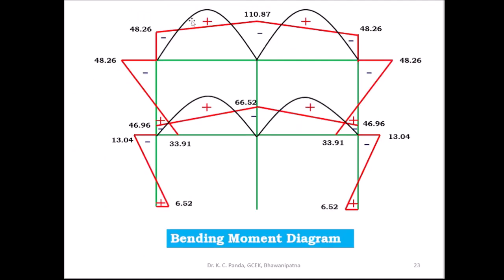Here you take this as parabolic, and here also, this is parabolic, this is also parabolic. Find out this value. This is 30 into 6 square by 8, and here also 30 into 6 square by 8, and this value is 20 into 6 square by 8, and this value is 20 into 6 square by 8.